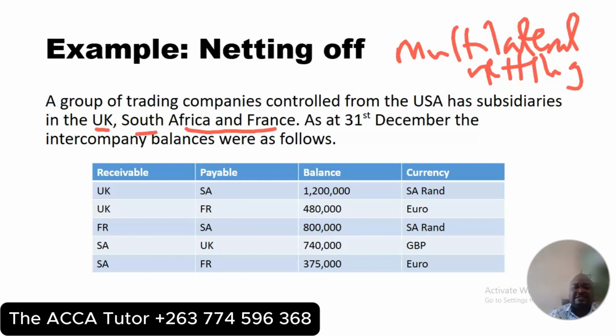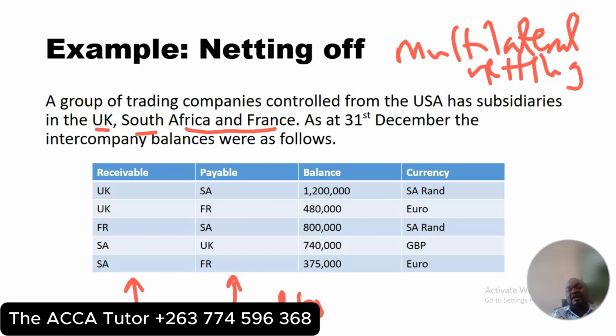So what does this imply to you? The payables column simply talks of the amount owed by a company.